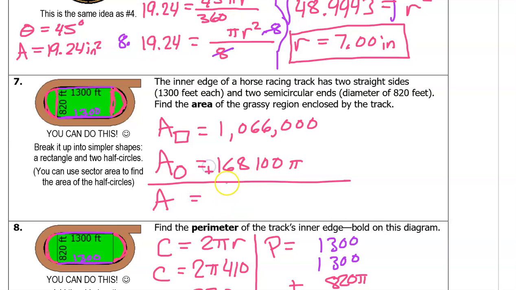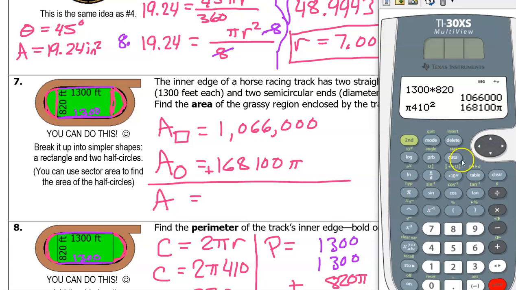So I'm just going to take these and add them up. Well, I already have the 168,100 pi. So let's just take this and add the 1,066,000 and see what we get.